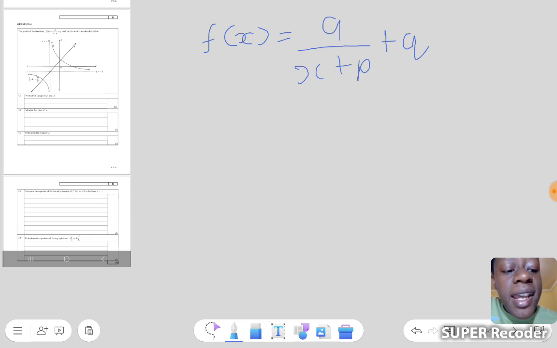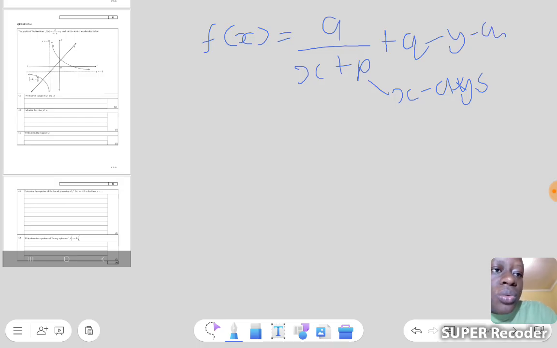So whenever we have this, this will be our x asymptote and this will be our y asymptote.